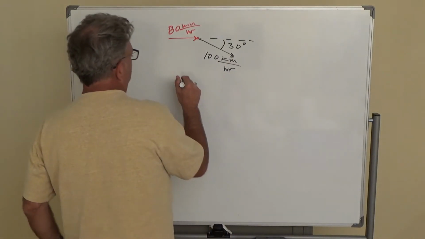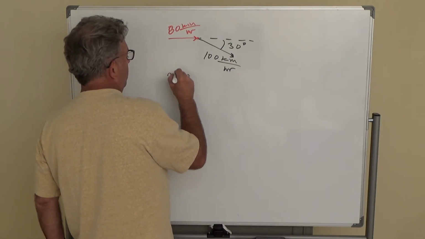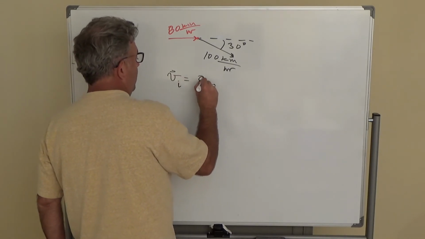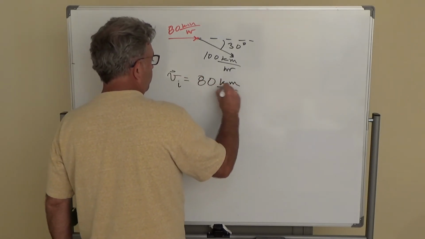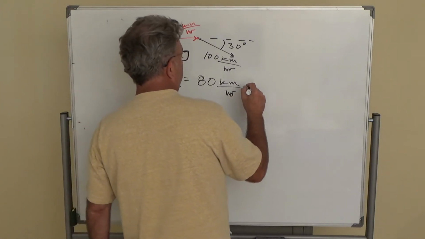So V initial was equal to 80 kilometers per hour I hat.